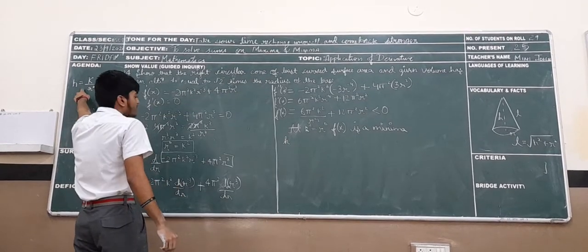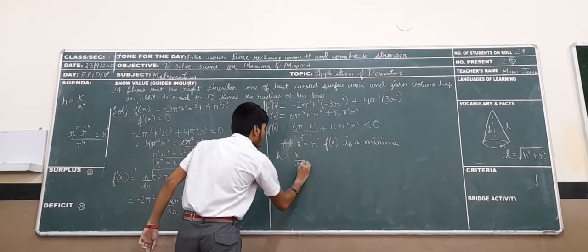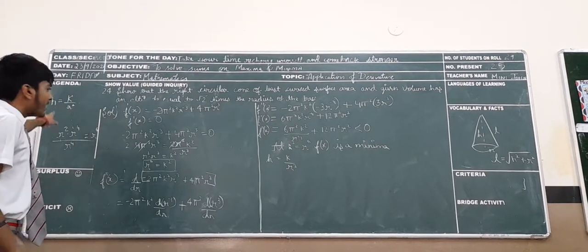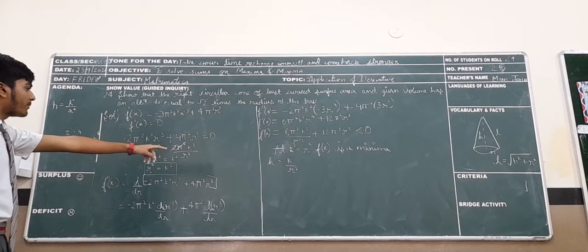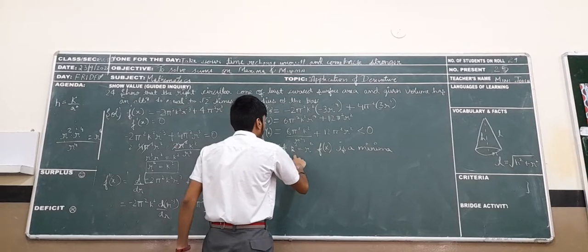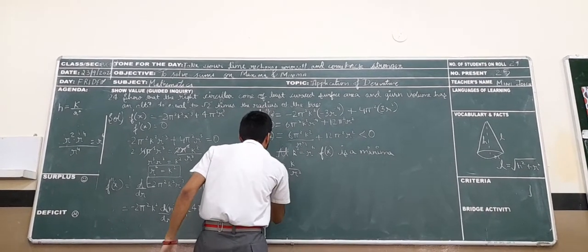First we know that h is equal to k by r square. Now we know the value of k square, that is r to the power of 6. Then we will substitute.